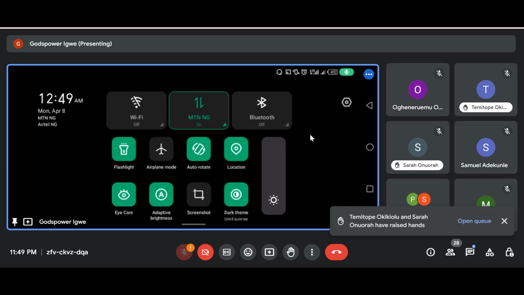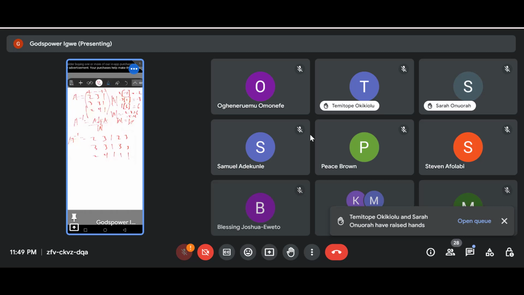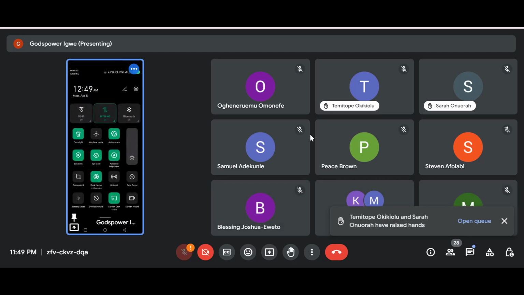Excuse me, I need to confirm this. Okay, we are supposed to repeat the first two columns as they are on the row side. So it's going to be minus 2.